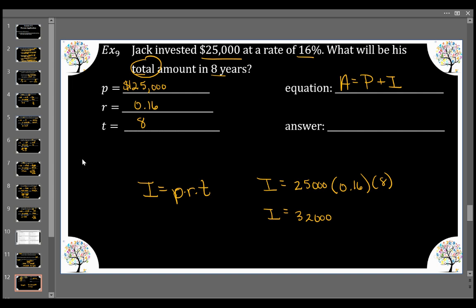So he still has his investment amount plus the interest that he earned, and 16% is a fantastic rate, obviously. So the total amount is $57,000. So he more than doubled the original amount that he had, his principal.